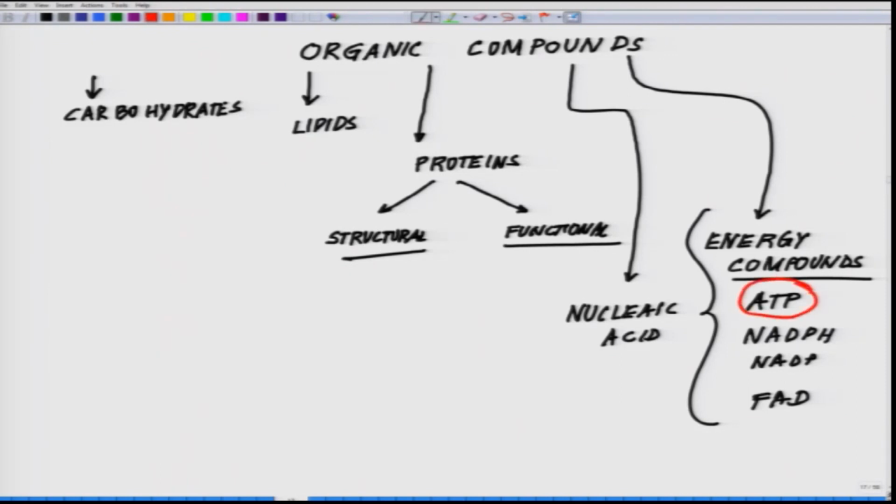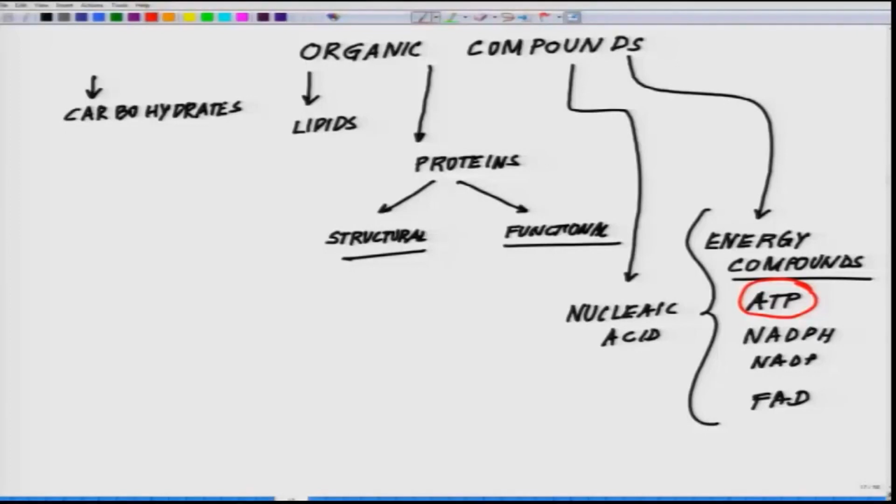So, what I expect you to know are the different kinds of carbohydrates, especially why glucose is so significant.